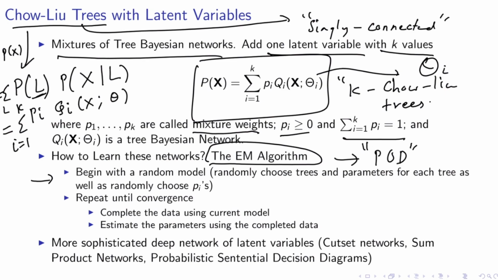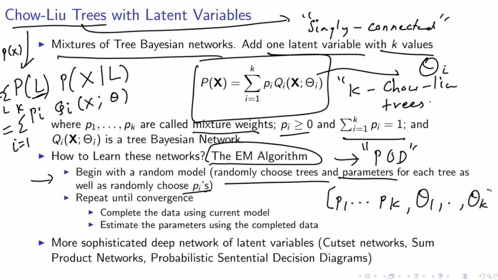Okay, so you start with a random model. What I mean by a random model in this case is you randomly choose the trees, the structure of the trees, as well as the parameters of the trees. And then you also randomly choose these pi's. So the parameters of these models are nothing but, let's say, pi 1 to pi k, and then theta 1 to theta k. So the thetas are the parameters of the Chow-Liu trees, and these pi 1 to pi k are the mixture weights.